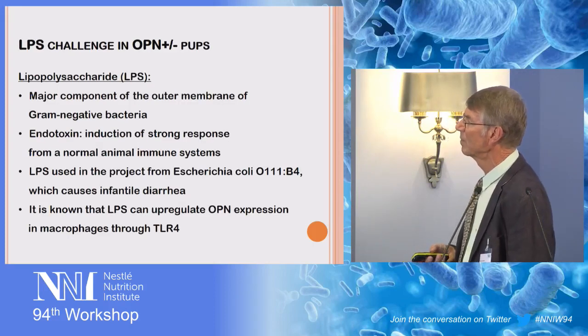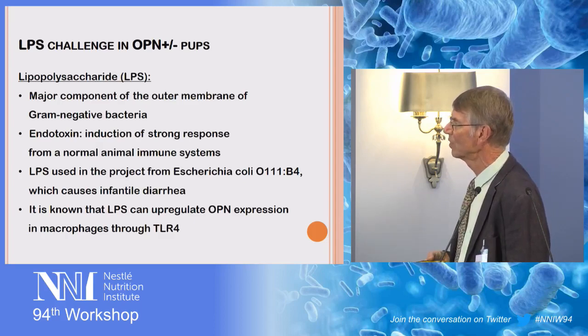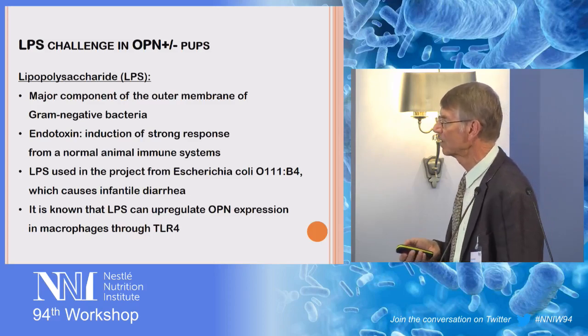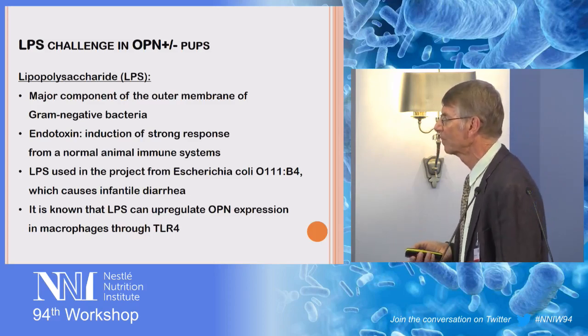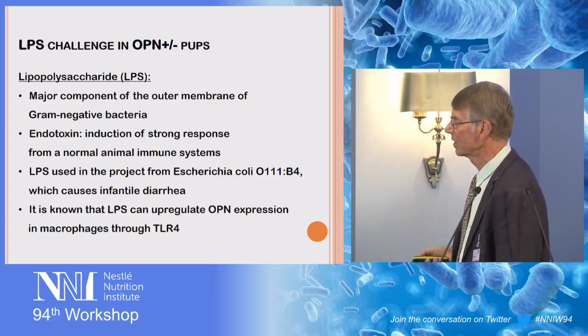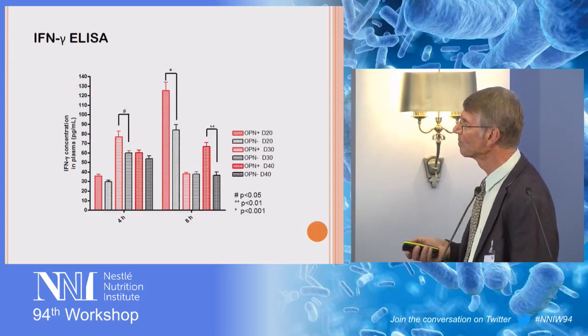So what we did to mimic an infection, we gave LPS, which you have heard about earlier, so I won't go into that. And it's known that LPS can upregulate OPN expression in macrophages through TLR4 that we heard about yesterday. Not about osteopontin, but TLR4.